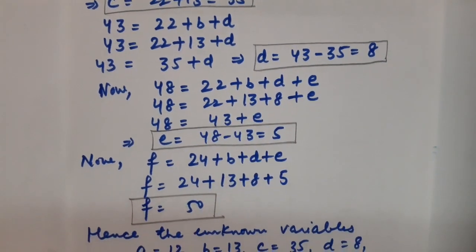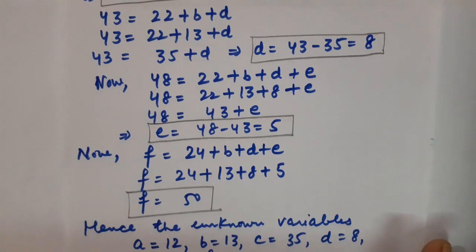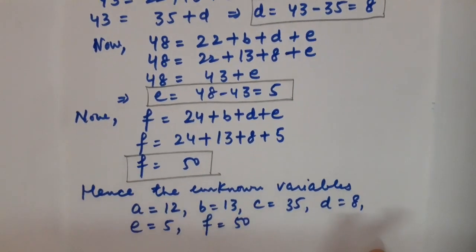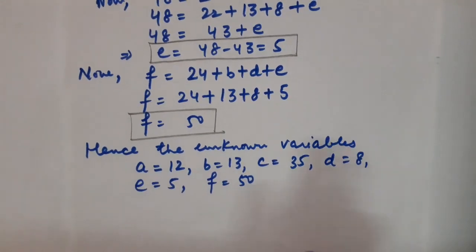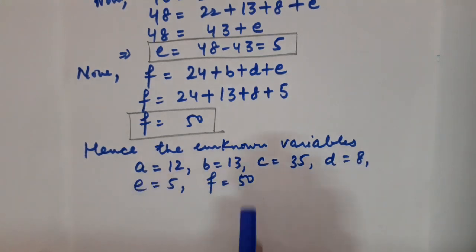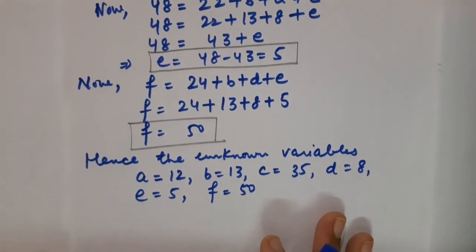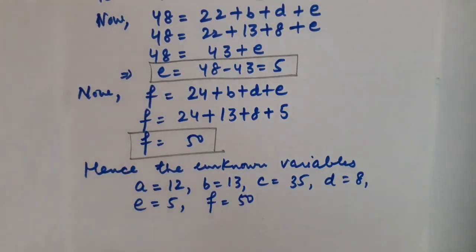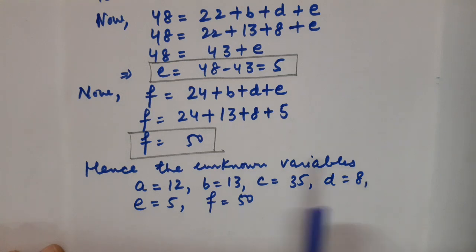After comparing as well as substituting the values of those variables which we have already found, we have got all the unknown variables. So here is the answer in front of you. Please match. So ultimately the unknown variables are A is equal to 12, B 13, C 35, D 8, E 5 and F 50.